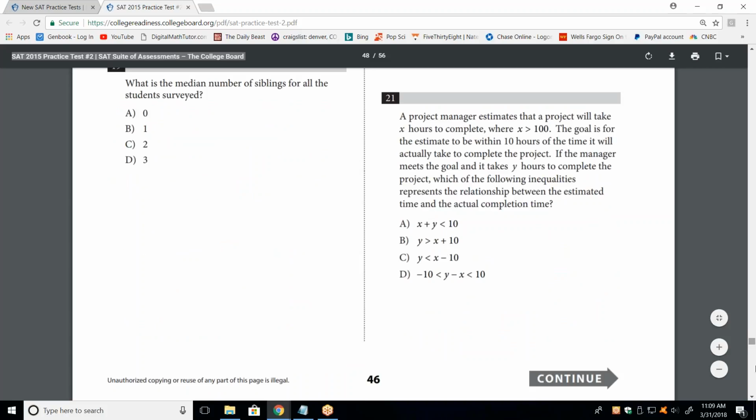All right, 21. First of all, we're in the hard section, so we expect this problem to be hard.